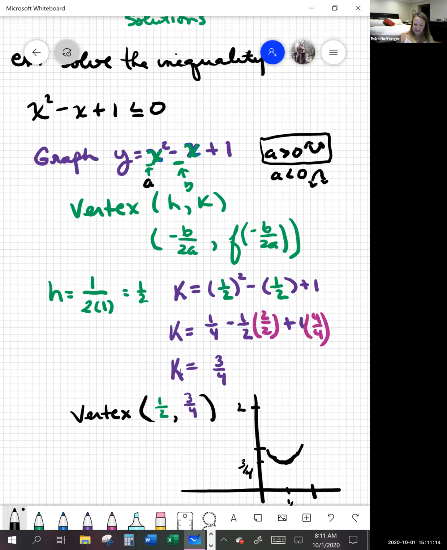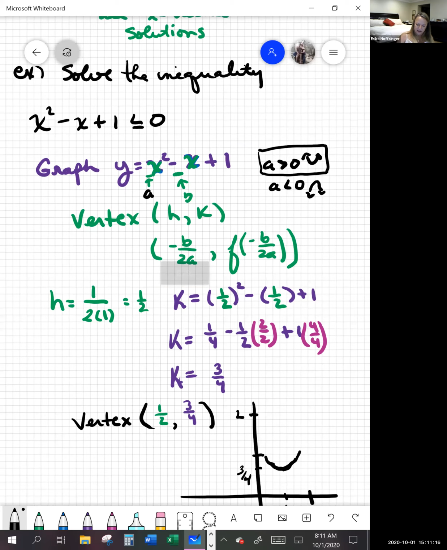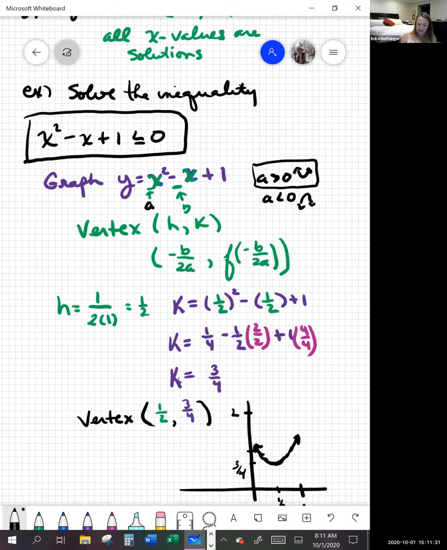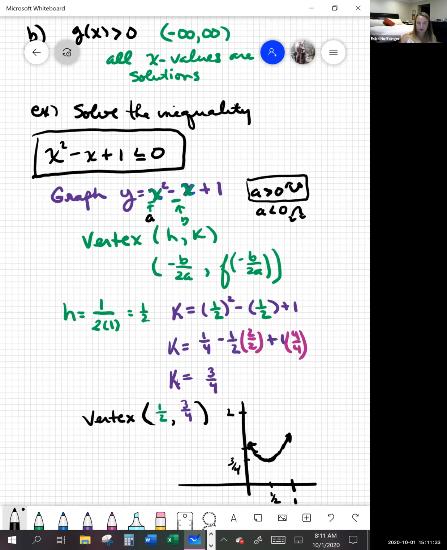And so when it said solve this inequality now, where x squared minus x plus 1 is less than or equal to 0, well, again, this is looking at when my y values are below the x-axis or equal to 0. And in this case, our graph shows that it's never going to be.